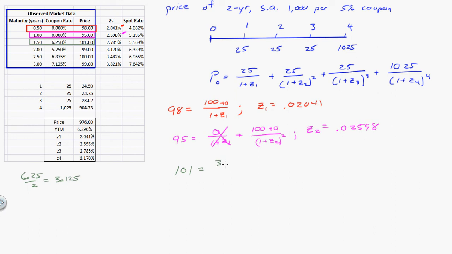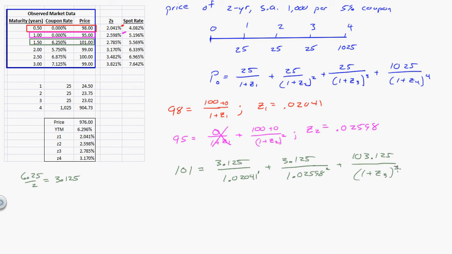So it's going to pay 3.125 divided by 1 plus Z1, which is 1.02041 to the first, plus 3.125 over 1 plus Z2, which is 1.02598 squared, plus 103.125 divided by 1 plus Z3 cubed.